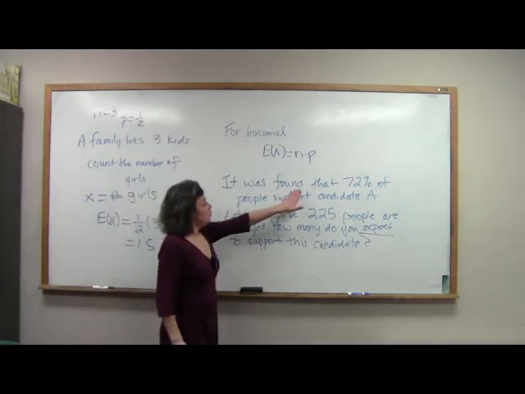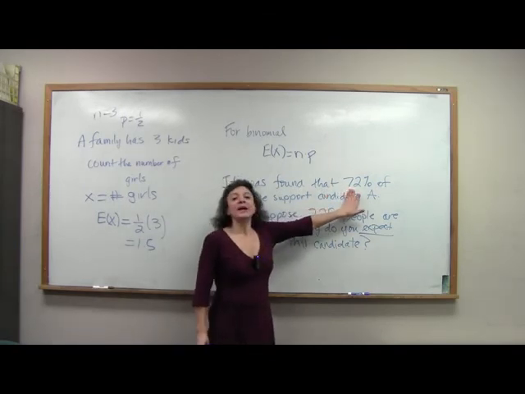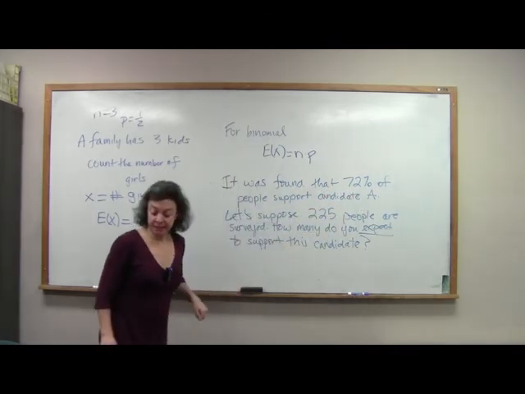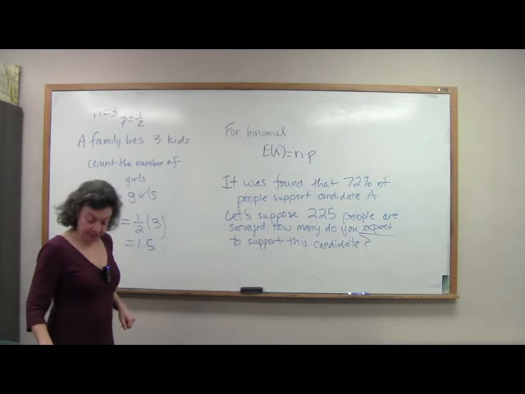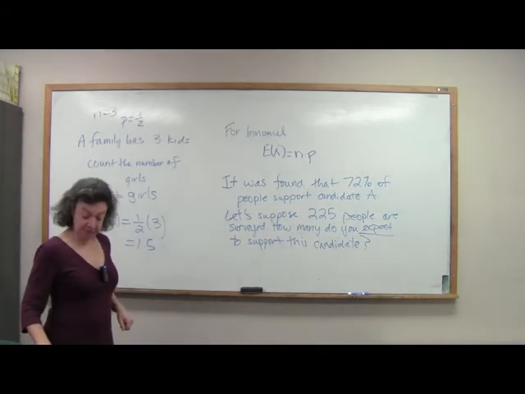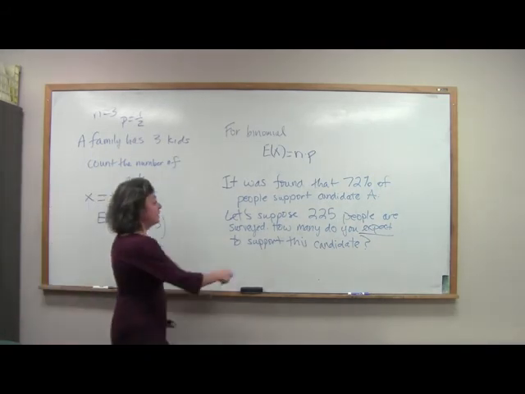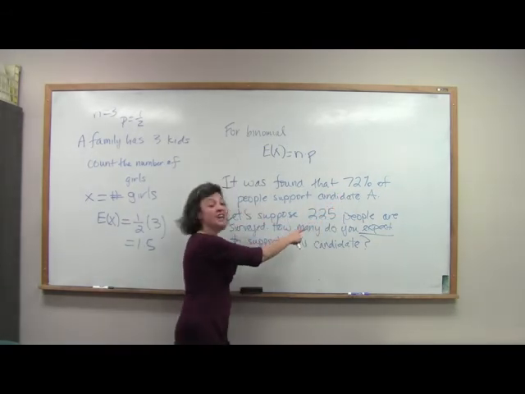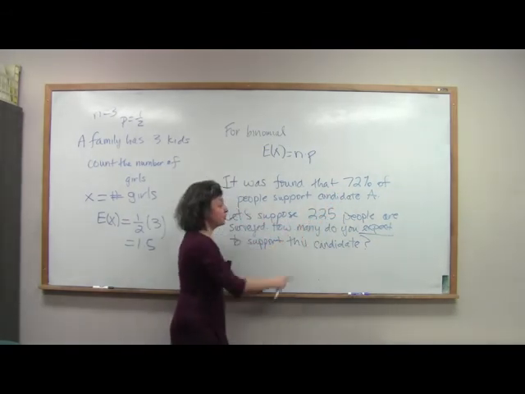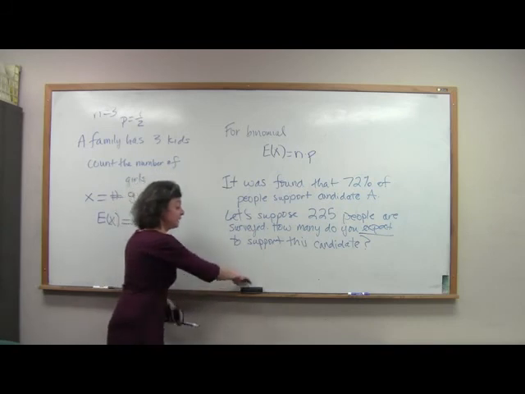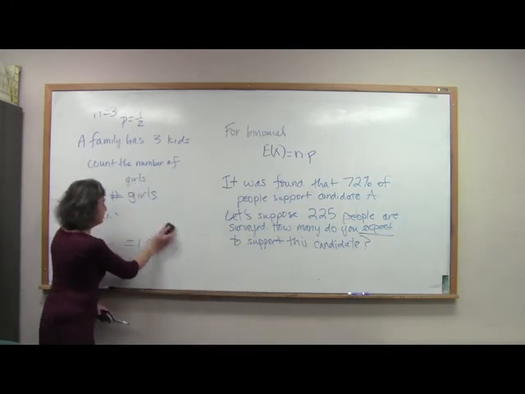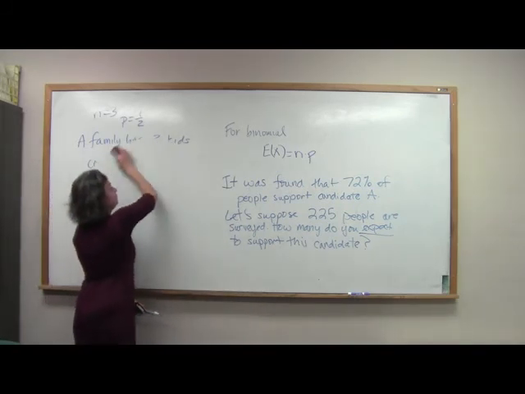But we already know that it's about 72% who support the candidate. So wouldn't we expect that 72% of the 225 people support the candidate? And remember, of in math means multiply.